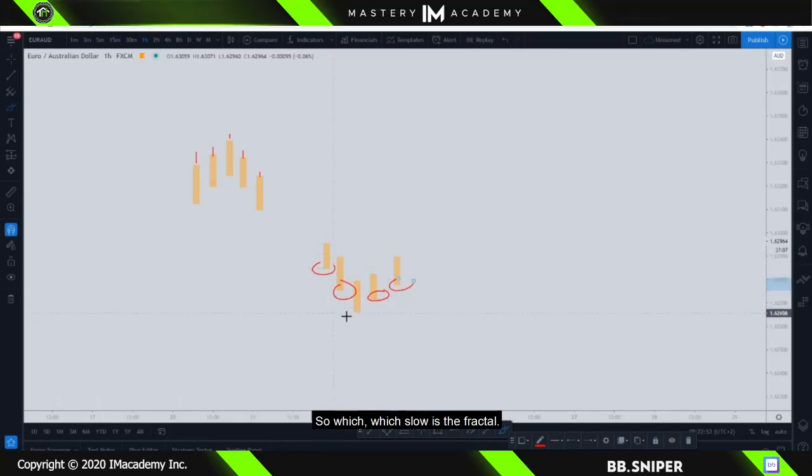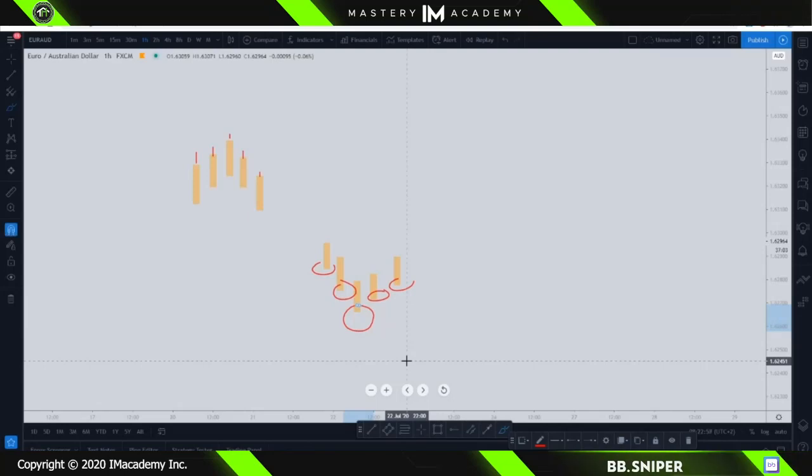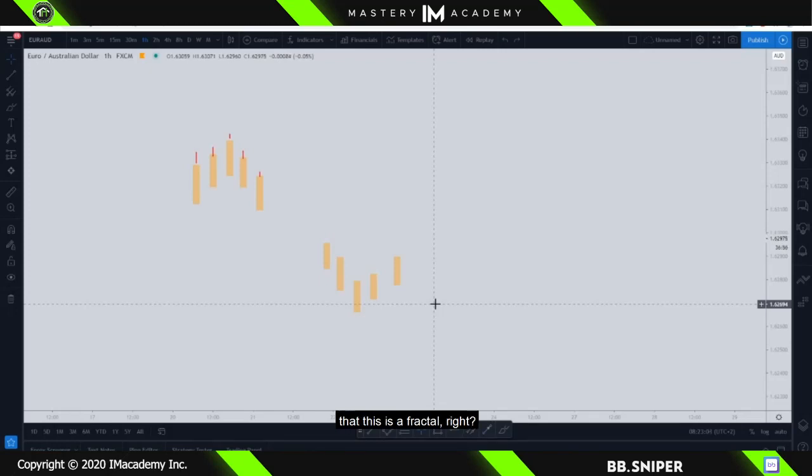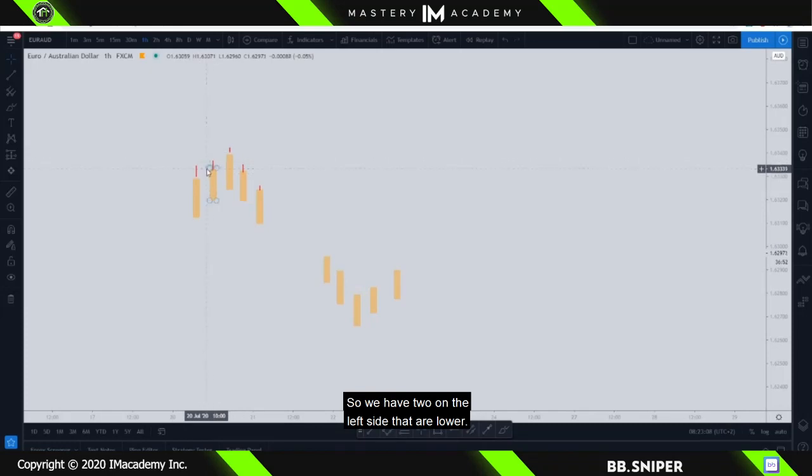So which low is the fractal? It's the lowest point over here. That's what traders say is a fractal. Likewise for the high, we have 2 on the left side that are lower and 2 on the right side that are lower, so the highest one is the fractal. So this is a fractal high, and this is a fractal low.